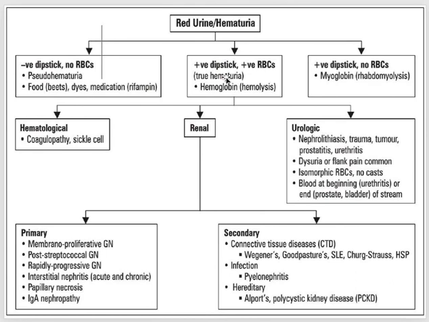True hematuria is when the dipstick is positive for hemoglobin and RBCs are also present. There are three causes. Number one, there could be a problem in the blood, like coagulopathy or sickle cell disease, by which RBCs start appearing in the urine.